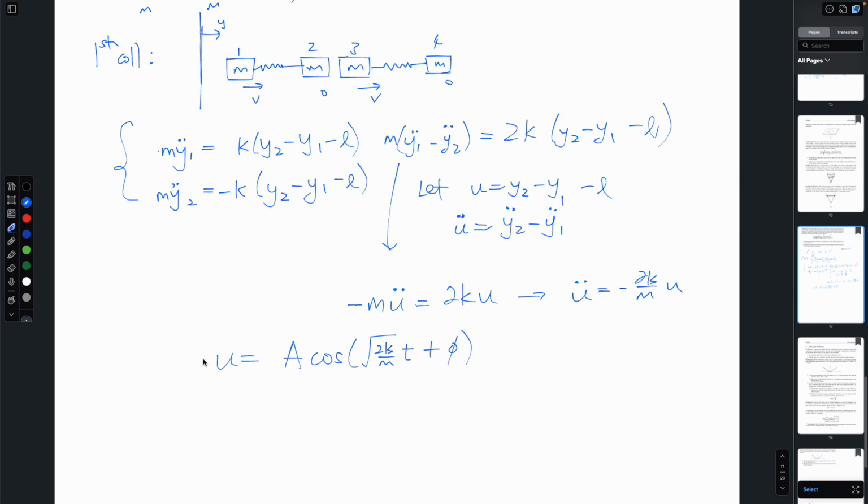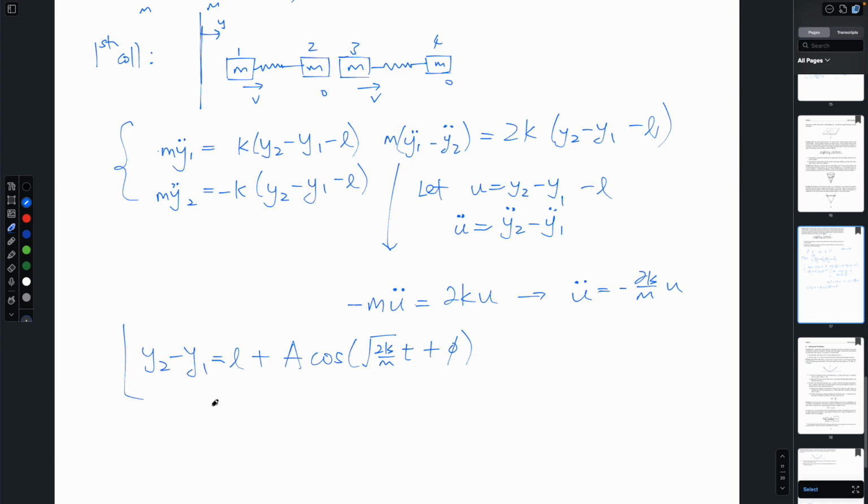Okay, so now we undo the substitution, and we use the fact that at time equals 0, hang on, I forgot the L term. Remember to add back the L. And then u is y2 minus y1.